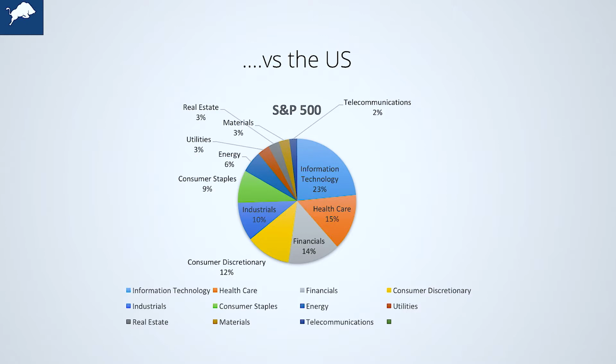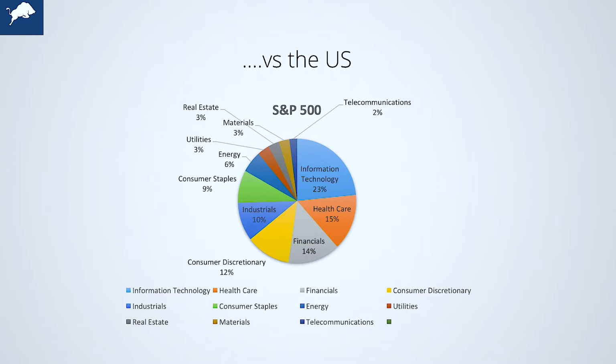It's important to remember that on the previous slide, information technology only made up 2% of the Australian market. Here in the US, of course, it makes up 23%, and no points for guessing who those individual companies are. You've got Google and Facebook, Amazon, etc., in that category.